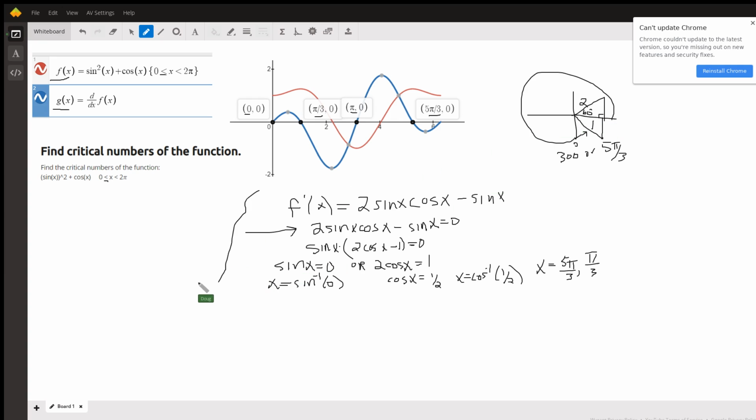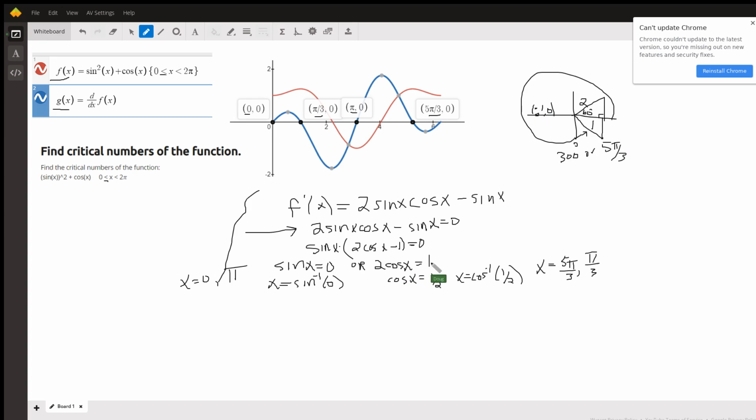So x can equal 0, if I include this "or equal to" symbol here, and x can equal pi, that's where the sine is 0 because the opposite side has disappeared. Or you can think of this as the point -1, 0. The y coordinate is 0.